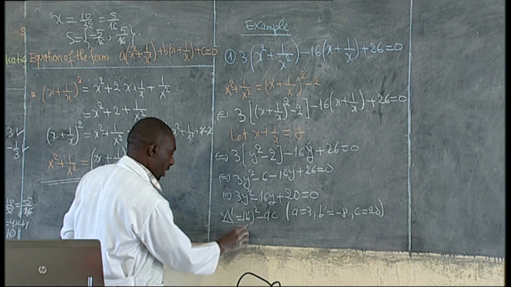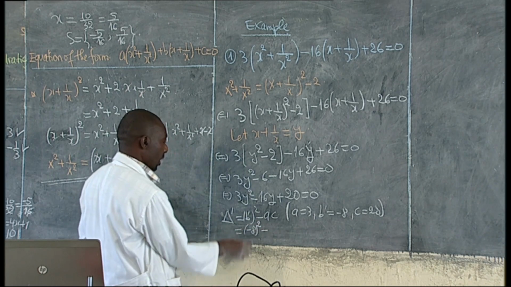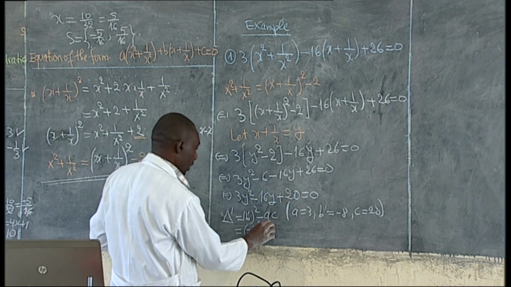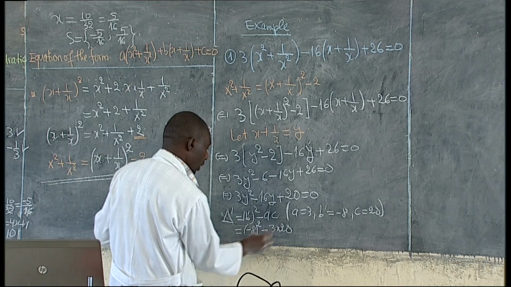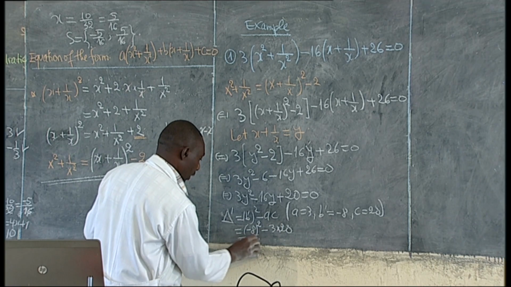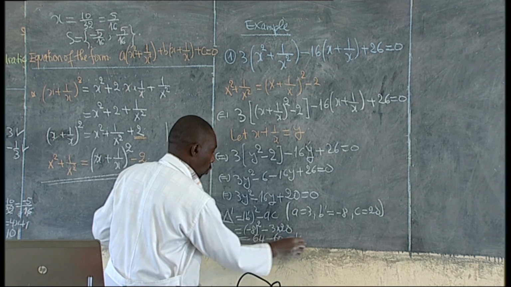So I'll be having negative 8 squared minus 3 times 20. I get 64 minus 60, which is equal to 4.